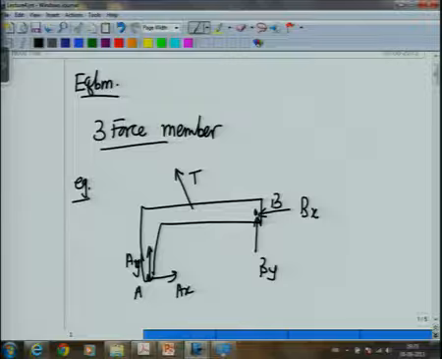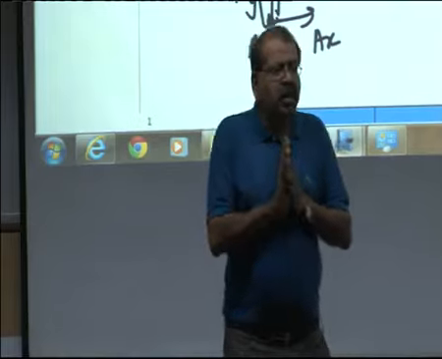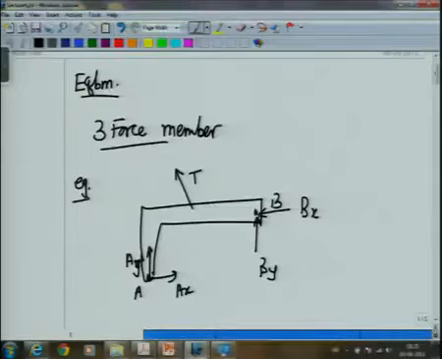Now again, a three force member would be one on which forces are acting at 3 points and there is no couple, no moment. So, forces have to act at most at 3 points on this element. That is why the name comes three force member.